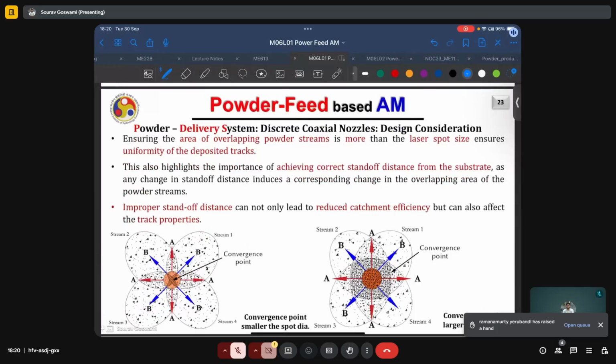Now, here is another design consideration for discrete coaxial nozzles for powder feed AM processes, which is related to the overlap between the laser spot and the powder spot.